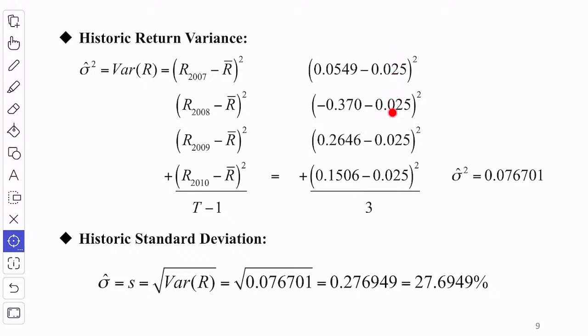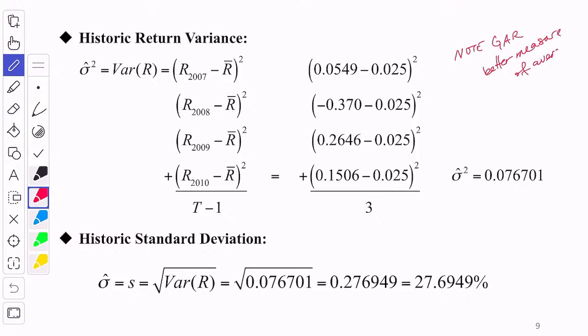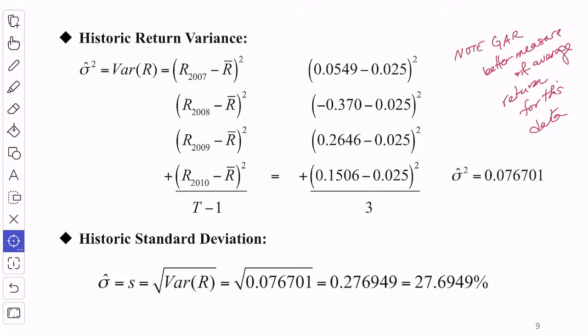Here's the return. And notice I use here, even though we agreed that GAR was better, I just want to do the exercise, complete the exercise of calculating the variance for this data.